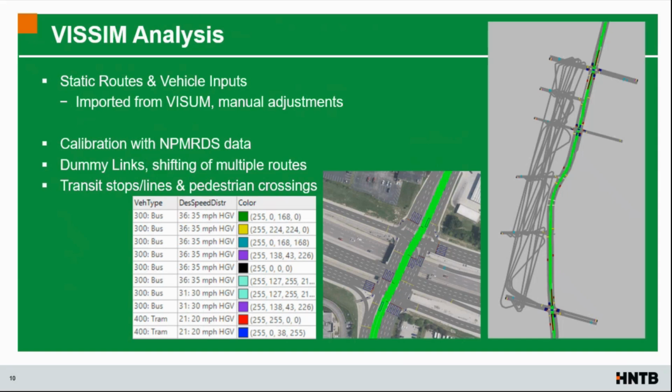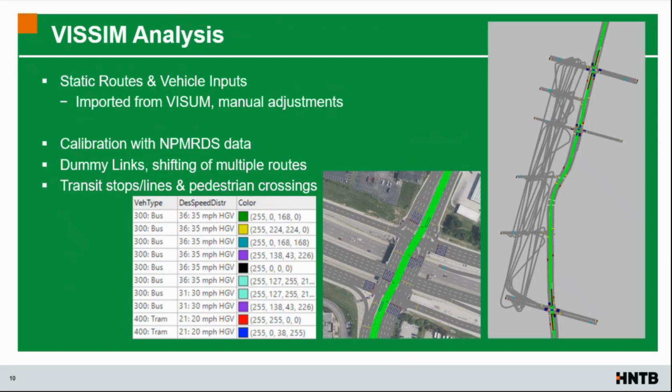And as shown in the photo to the right, based on some of the access points that were changing in the build alternative, we created what we call dummy links, and we basically just put these links onto other destinations in the network that would connect to them, and then they would reroute to an existing destination so that the vehicles would not be directly going to those, because we had a lot of areas where there were turns being cut off, all the unsignalized intersections.